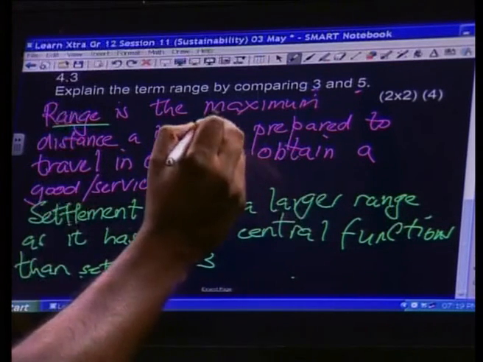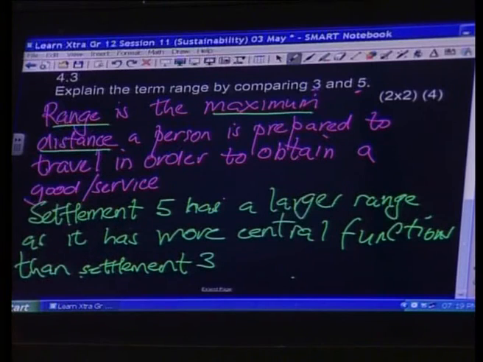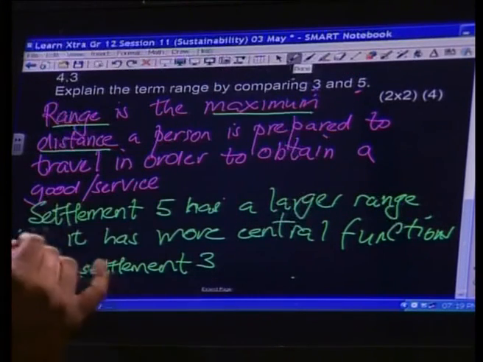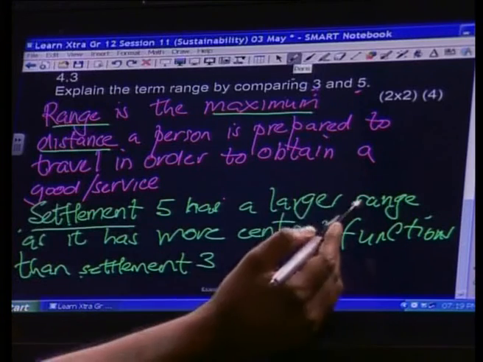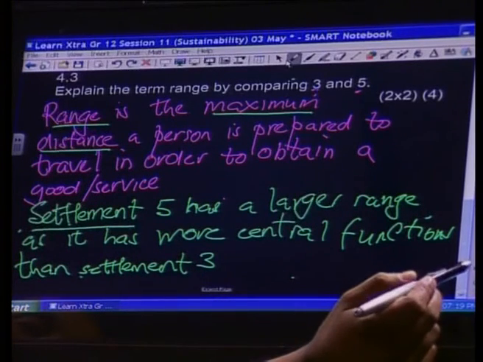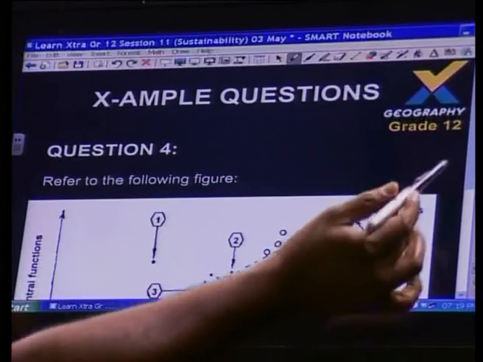Range, our keywords, maximum distance. And that further explains the answer. Settlement 5 has a larger range as it has more central functions than settlement 3. Moving on to the next question.